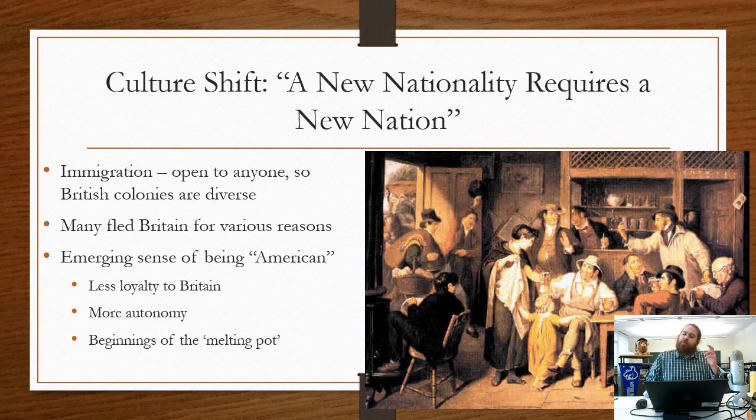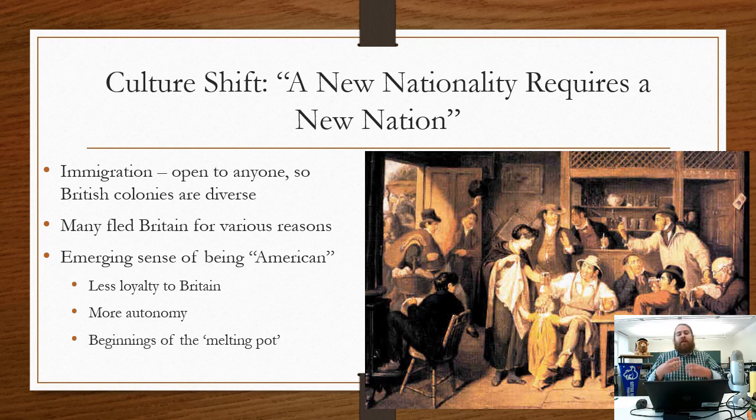And then finally, there's a huge culture shift that's going to happen. A good way to talk about this is this quote, "A new nationality requires a new nation." So in order to get as many people as possible in these British colonies, they opened them up to everyone. If you were German, Dutch, Spanish, if you were a native, anyone really could come into these colonies. There was no restrictions. So what that meant is they're very diverse. It means they're less British. They're more diverse, kind of the way America is today, right?